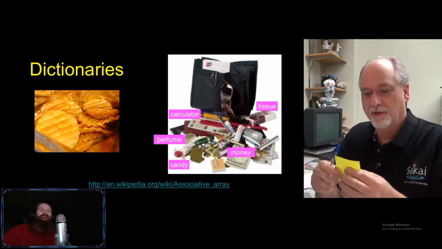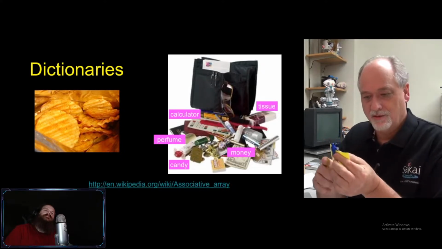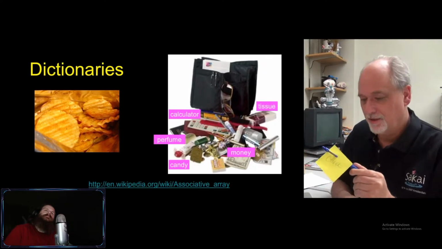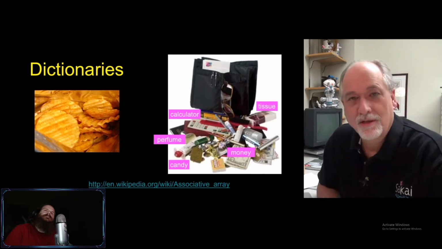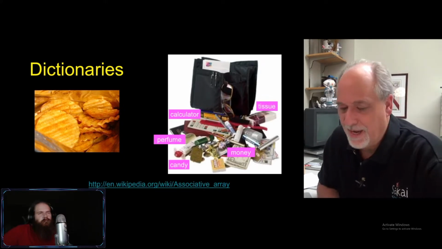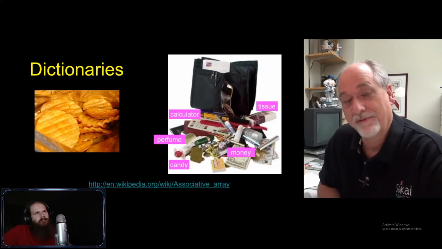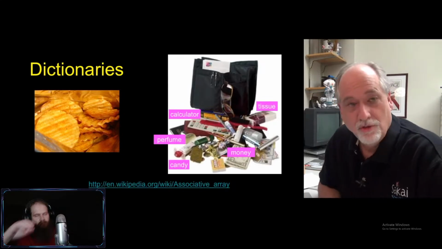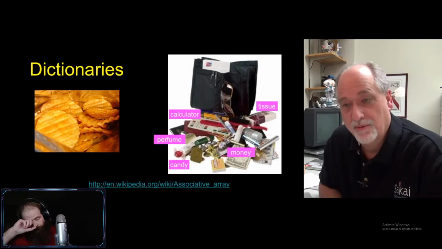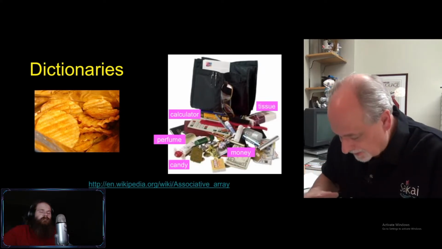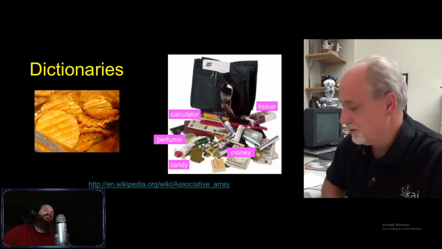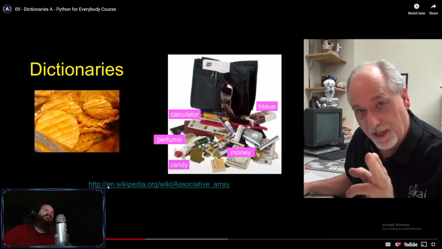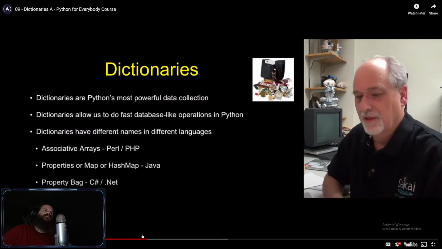I'm going to stick a Chuck label on my pen, and I'm going to store a pen in my dictionary with the Chuck label. And so it's like having a purse or a bag or a backpack where you have things labeled, and you can throw things in and label them, and you can shout into your bag and say, give me the calculator, or give me the candy, or whatever it is that you have labeled them. You have to come up with the labels, and then you can use the labels to get things back.